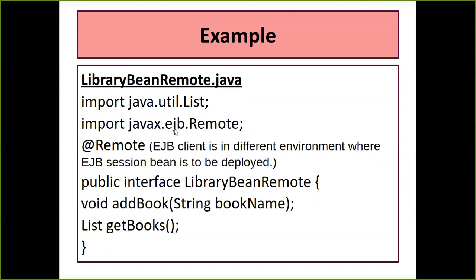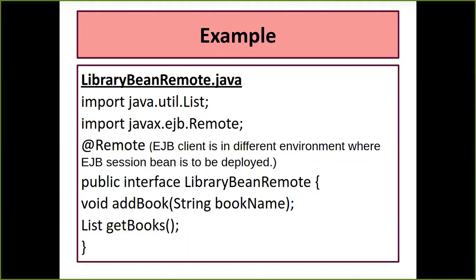Now in this EJB package, we are going to use an annotation. That annotation name is Remote. Why do we want a Remote annotation over here? As I told you, we'll have two different Java files, this LibraryBeanRemote.java, and another file that is also a Java file. To make one Java file communicate with the other Java file, obviously they are going to communicate over the network, remotely.